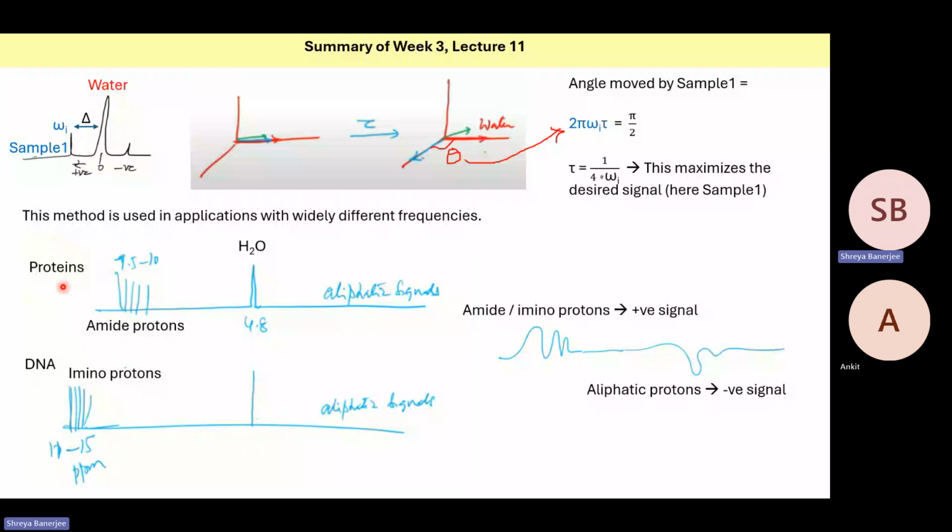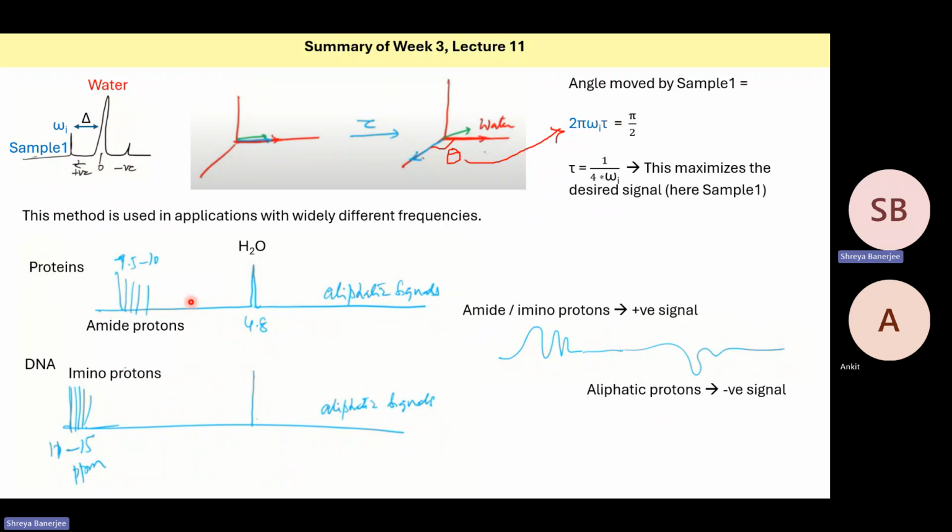Even the same thing for DNA. In DNA, instead of the amide, there will be imino protons around 11 to 15 ppm. Both in protein and DNA NMR, since these are done in water, the signal of which comes around 4.8 ppm, this signal has to be suppressed. Otherwise, all these extra signals will simply come like noise at the baseline.